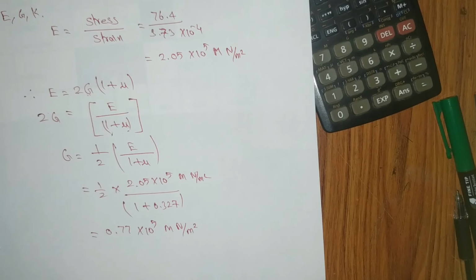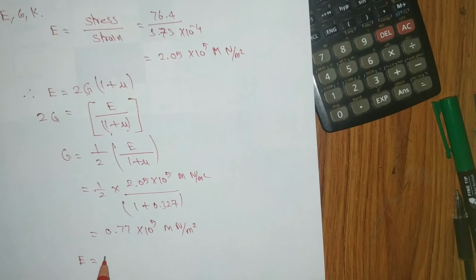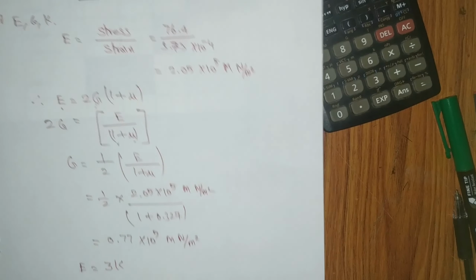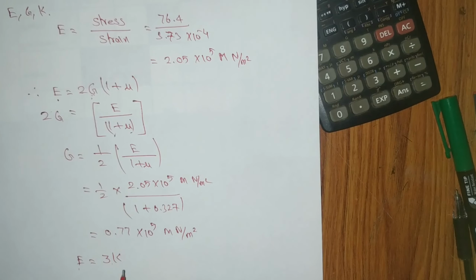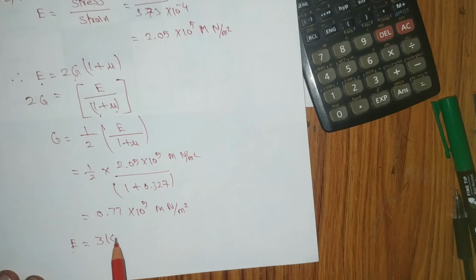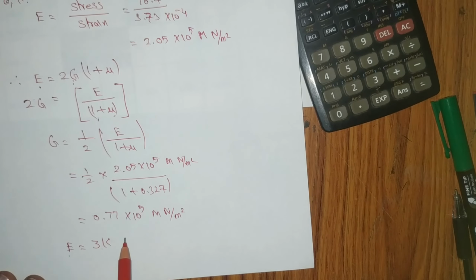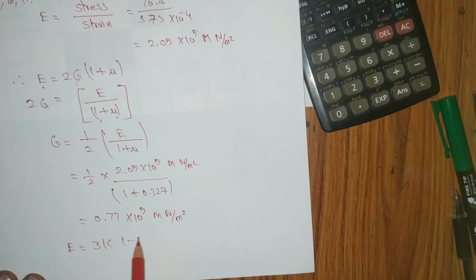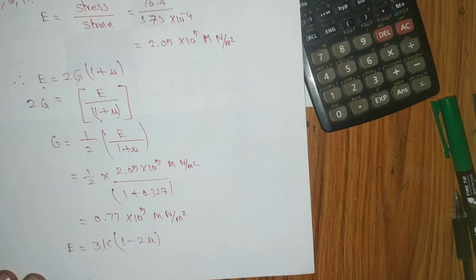So the remaining term is we need to find out the bulk modulus. Bulk modulus: E equal to 3K(1 - 2 mu) is the formula.